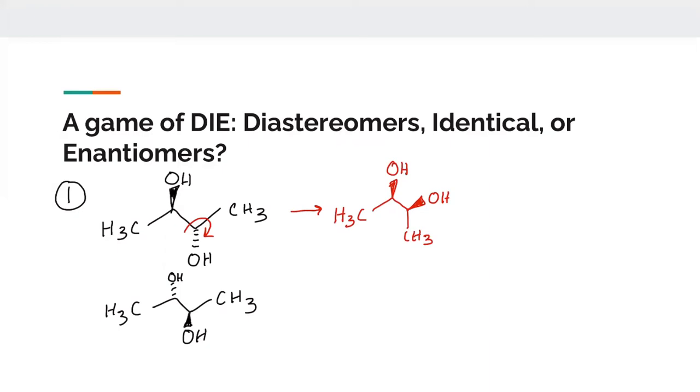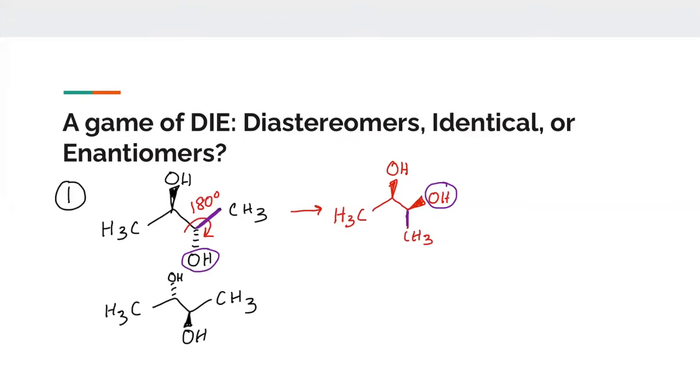Essentially I rotated 180 degrees so that this CH bond in purple right here became this CC bond in purple right there. And because this hydroxyl group was originally pointing into the page, if we rotate it 180 degrees, it's going to be pointing out of the page. Okay?